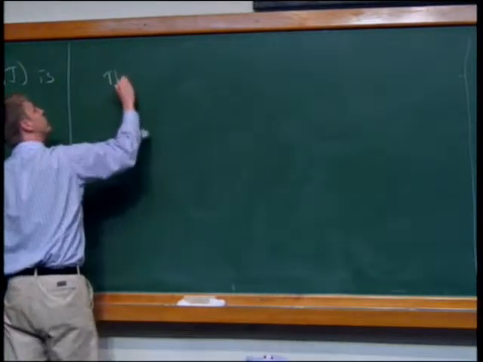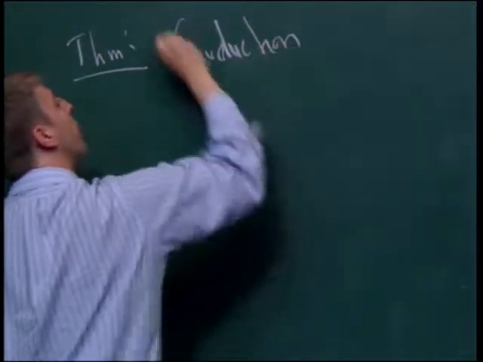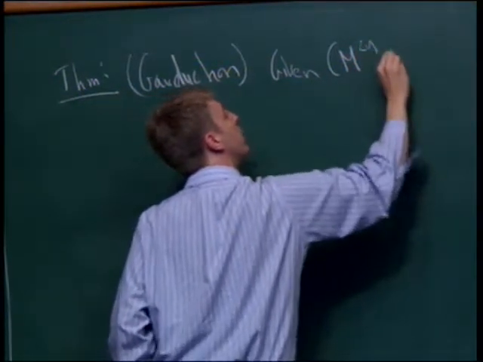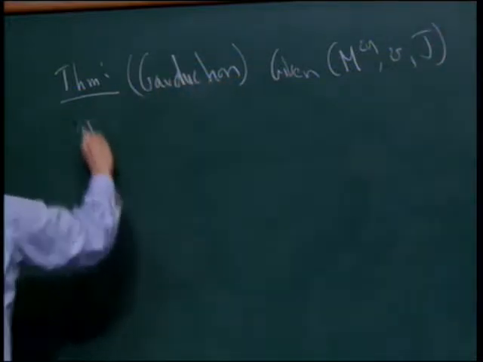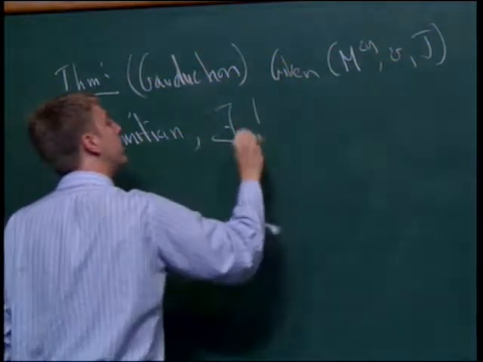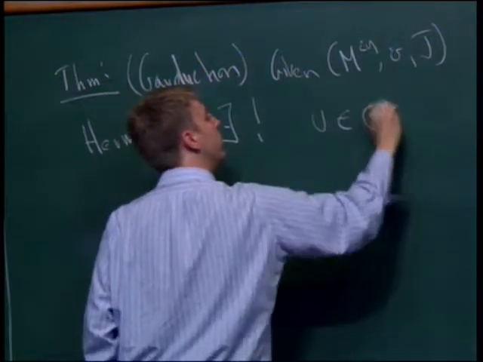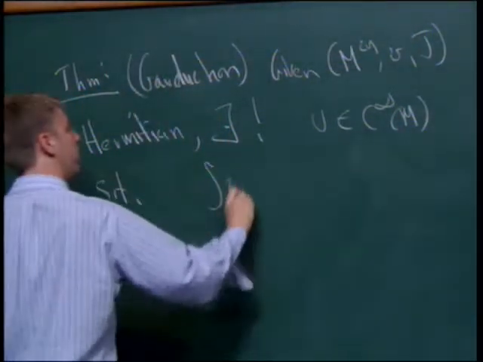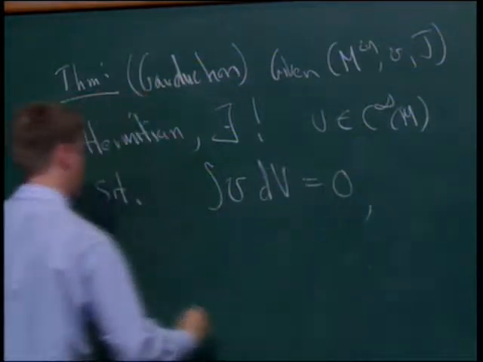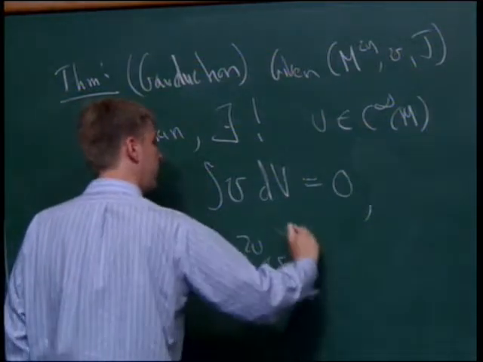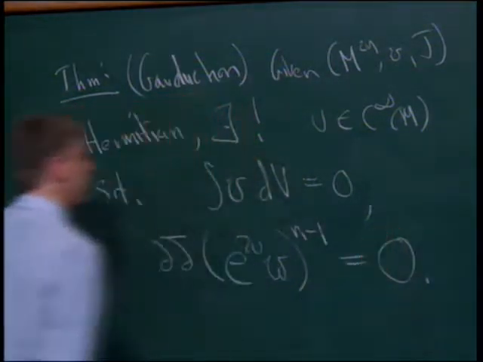The first theorem I have to mention is a theorem of Gauduchon. Given (M^2n, omega, J), just a Hermitian manifold, there exists a unique smooth function u such that the integral of u is 0 and dd bar of e to the 2u omega to the n minus first power is 0.